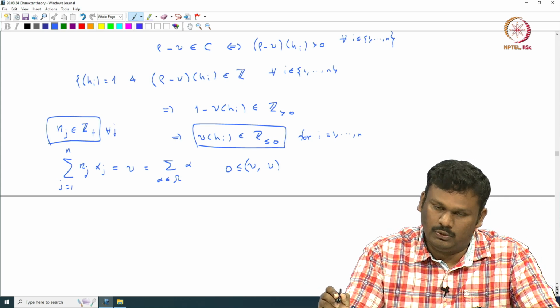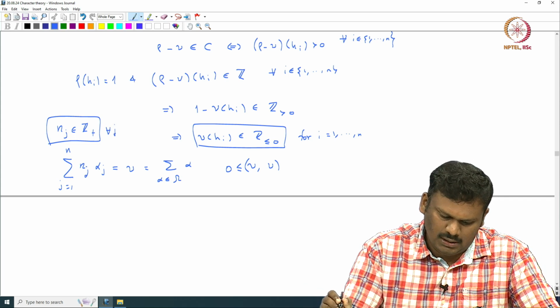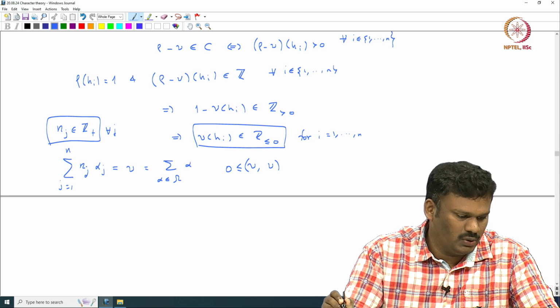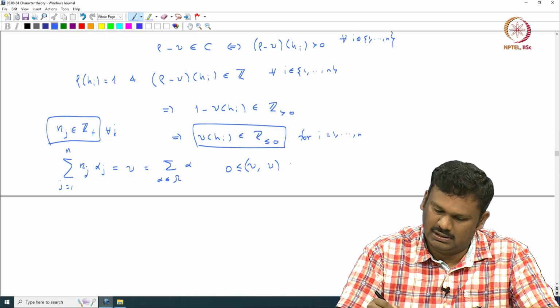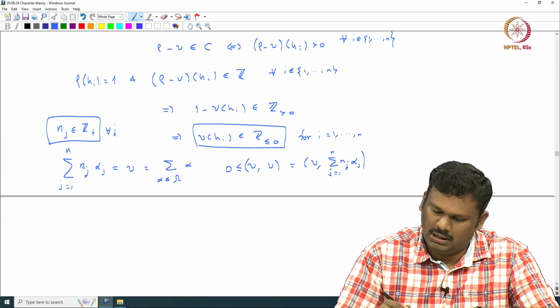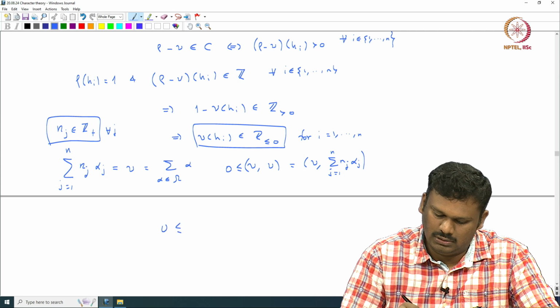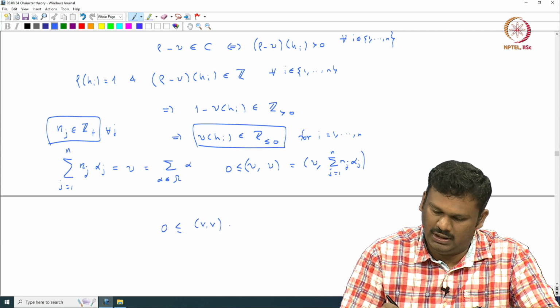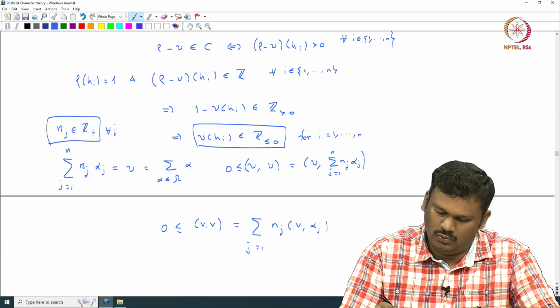So you can compute this V with V in two different ways. It is V comma summation Nj alpha j, j ranging from 1 to n, which is greater than or equal to 0, and V with V equals summation Nj times V comma alpha j, j ranging from 1 to n.